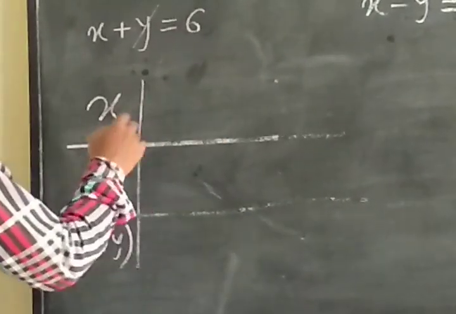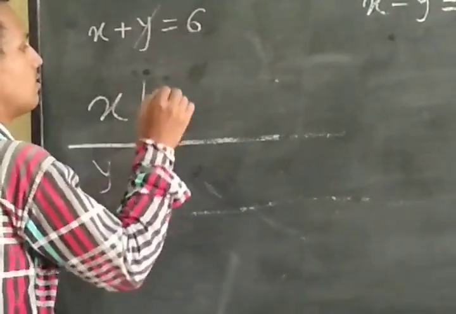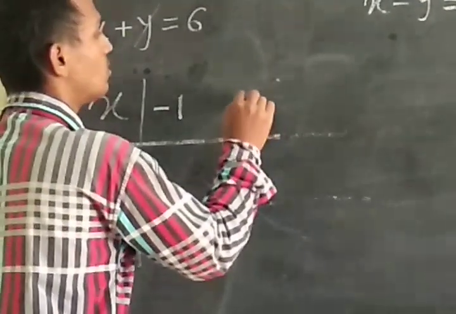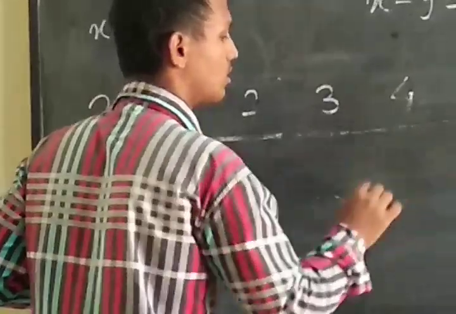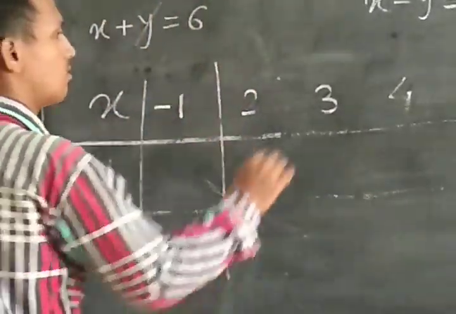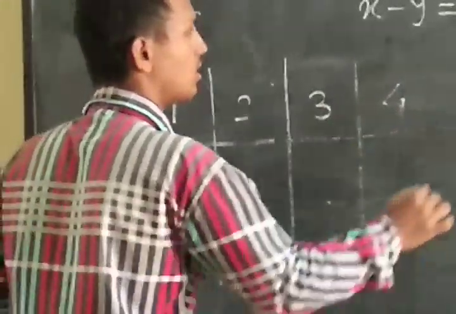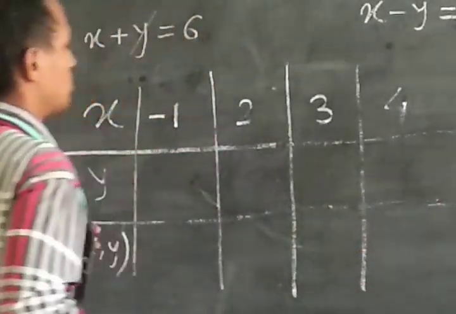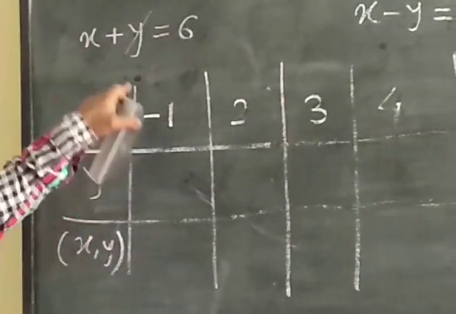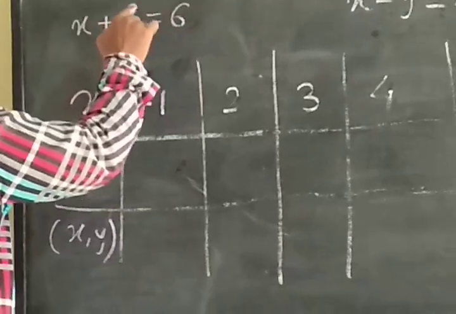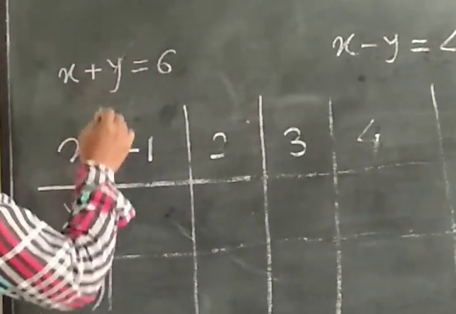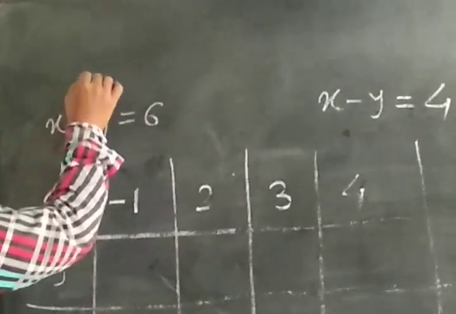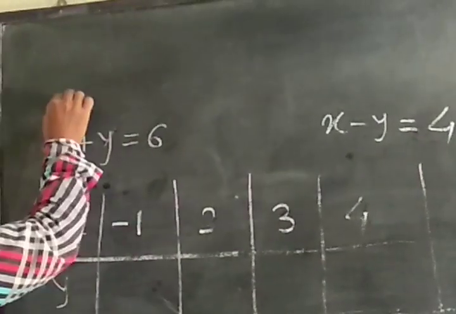So for the values of x we take minus 1, 2, 3, 4. For these values of x, what is the value of y? For x is equal to minus 1, what is y? Just put x is equal to minus 1 here.